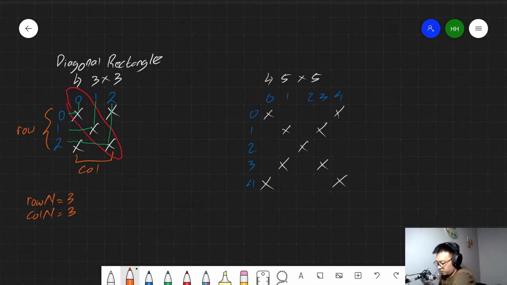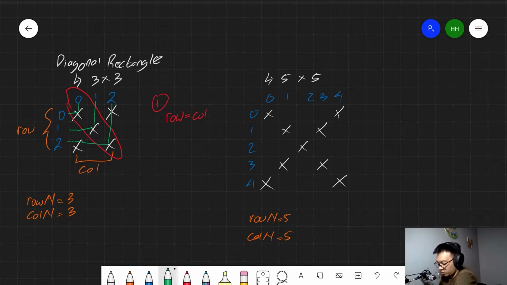Okay, so the very first condition is that whenever your row equals your column, you need to print X.